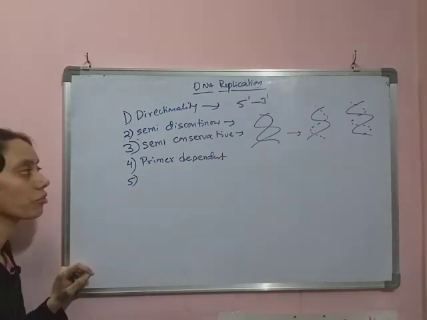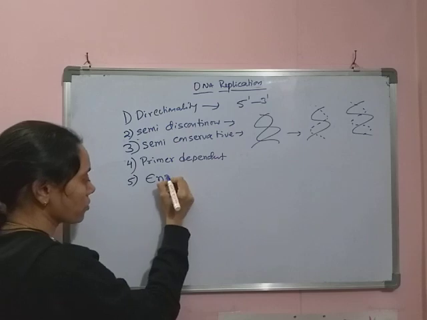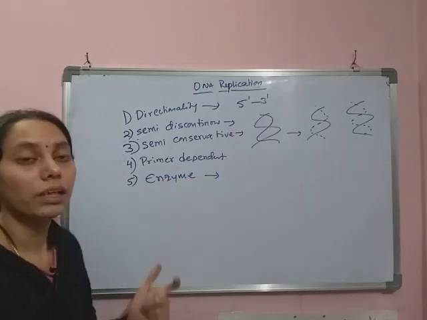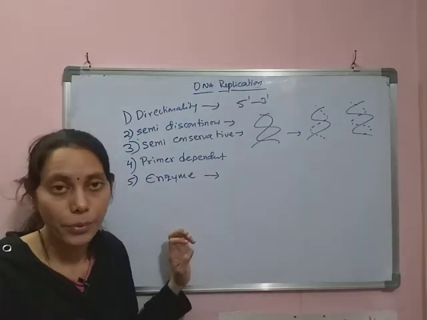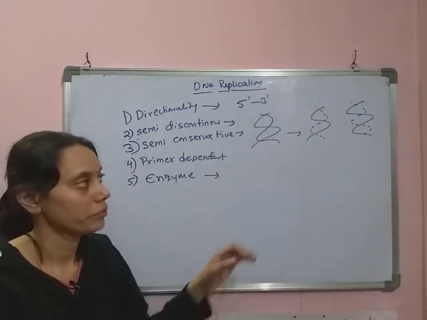And the other feature of the DNA replication is it is an enzyme dependent process. There are many enzymes and some proteins that must be employed for the DNA replication to be carried.